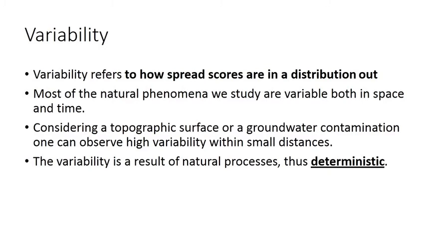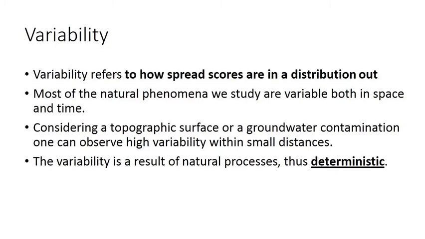Alright, so one of the very key concepts in geostatistics is variability. So what is variability? This word comes from the word varies, which is differs or different, something like that. So variability refers to how spread occurs in scores or in a distribution.